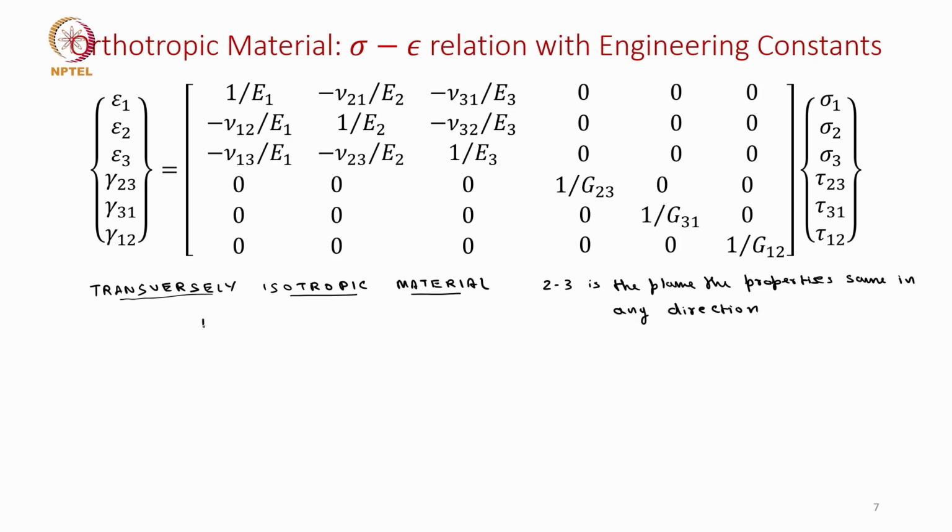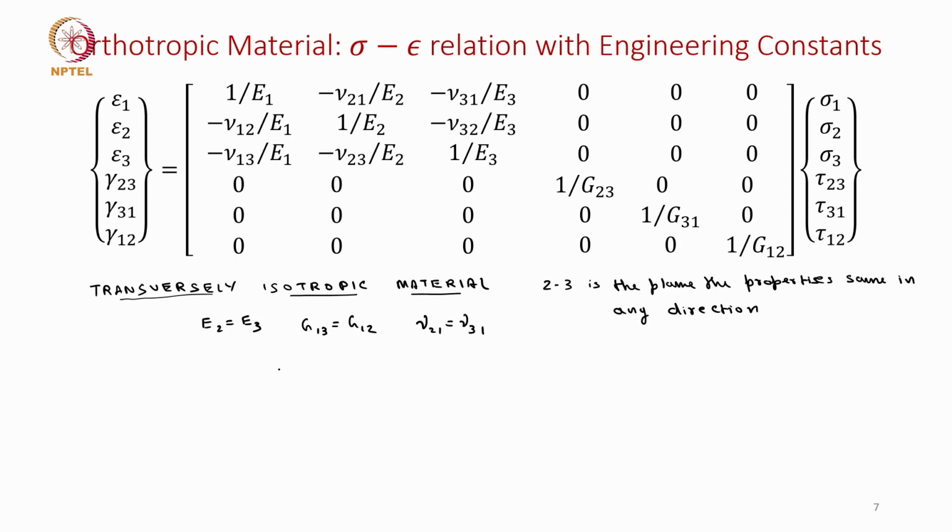Then I can write that E2 is the same as E3 and G13 is the same as G12. Similarly, Poisson ratio nu 21, I can write it as nu 31.